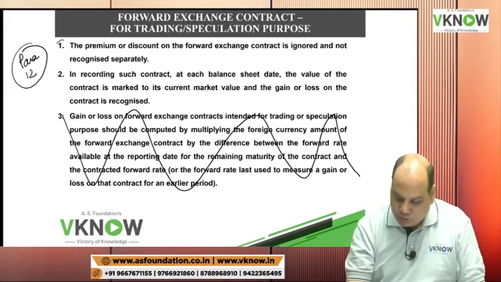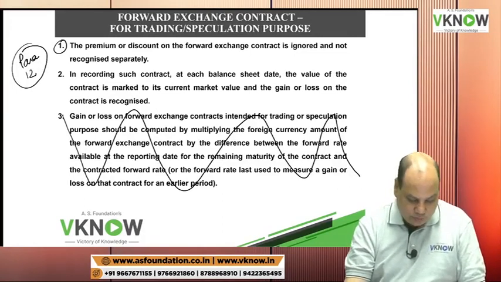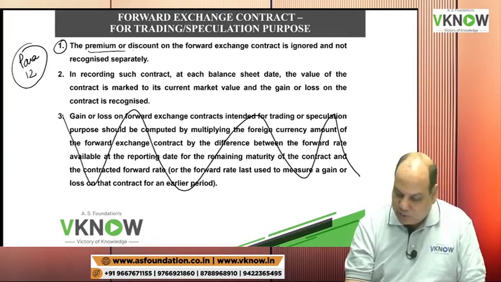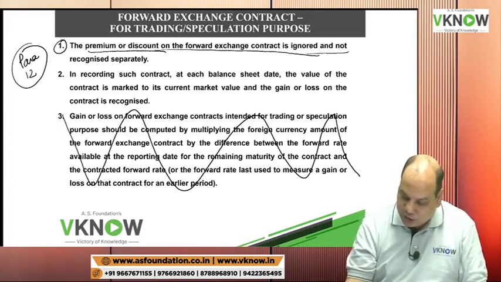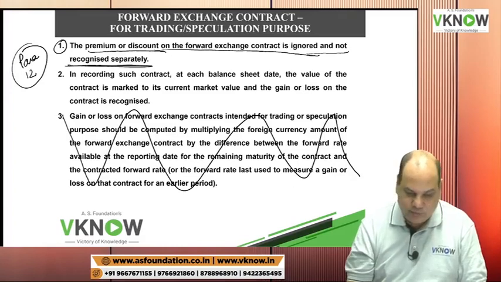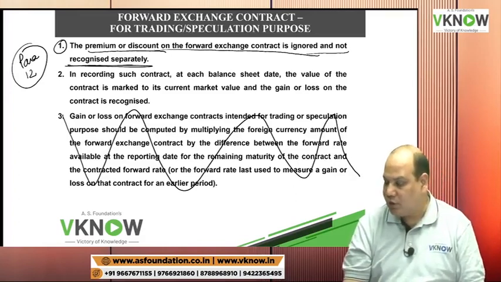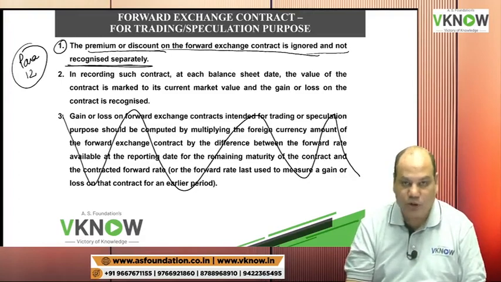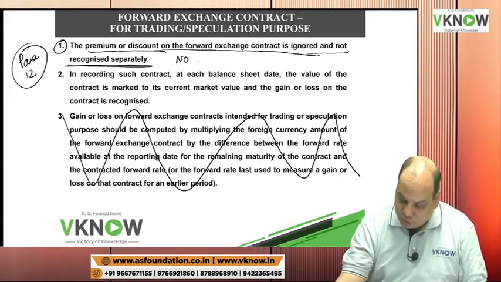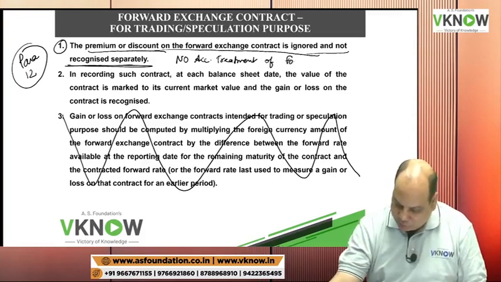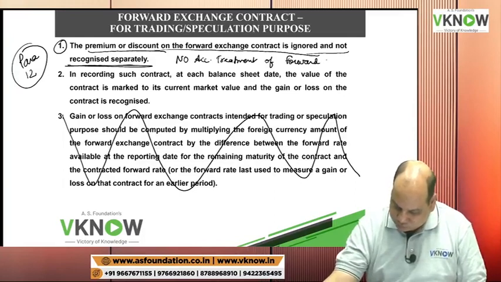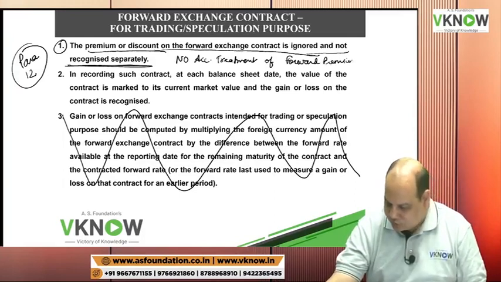So first rule: any premium or discount on the forward exchange contract is ignored and not recognized separately. If it is for speculation purpose, there is no accounting treatment of forward premium or discount.